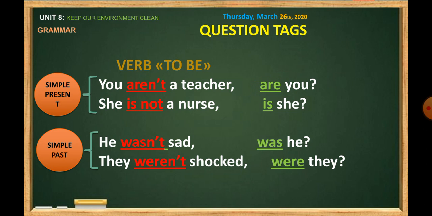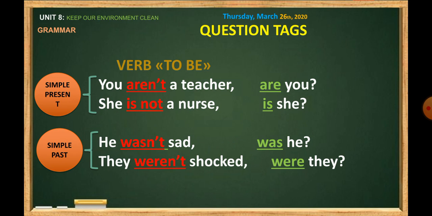Now if you have the verb to be in the simple past, let's see this example. He wasn't sad was he. okay, so he and he you have it here, and was it's here, but here it's negative and here it's positive. And this is for singular.